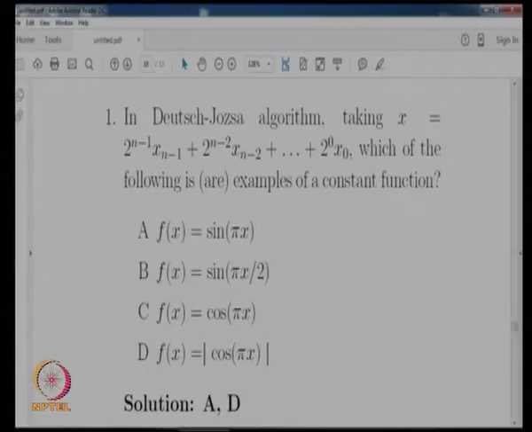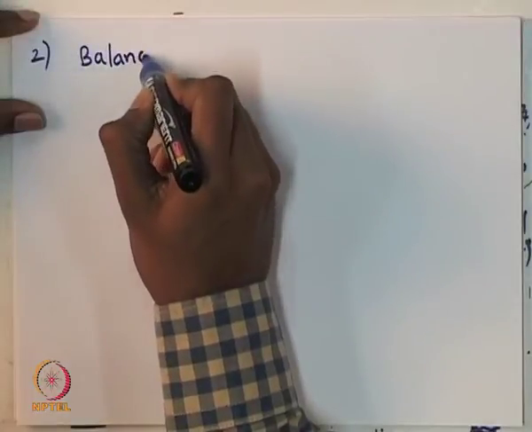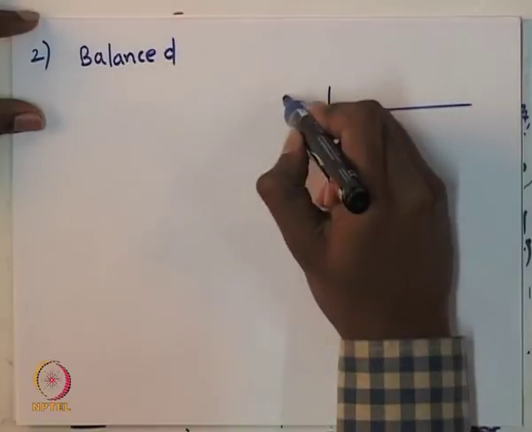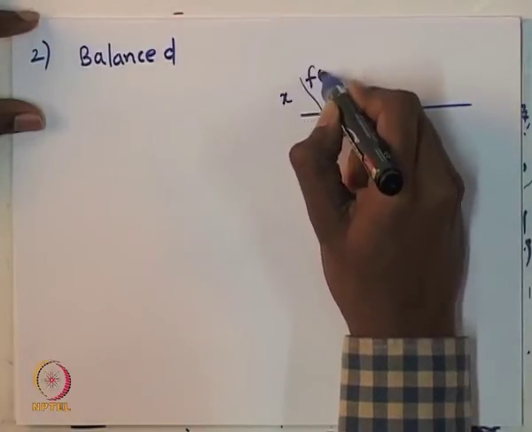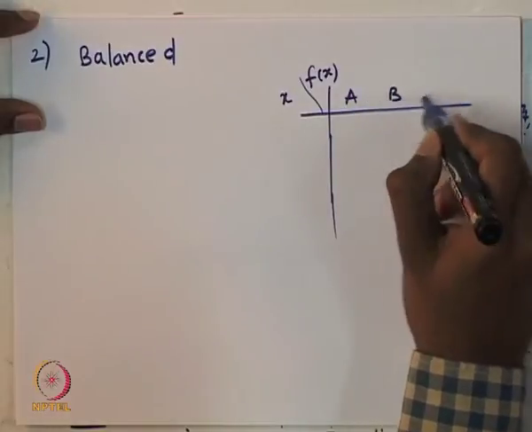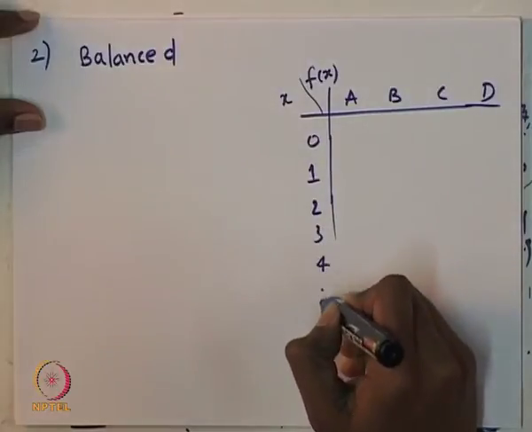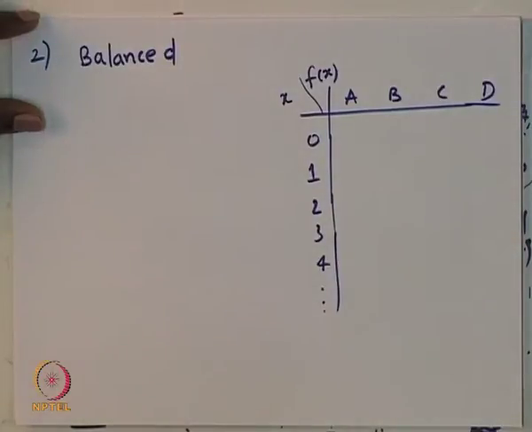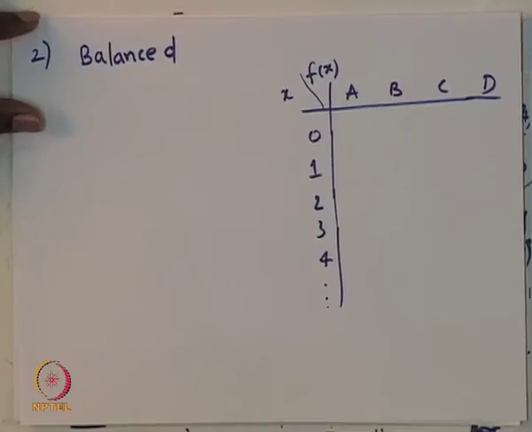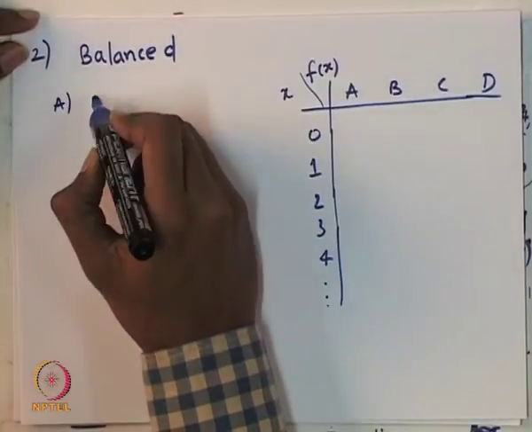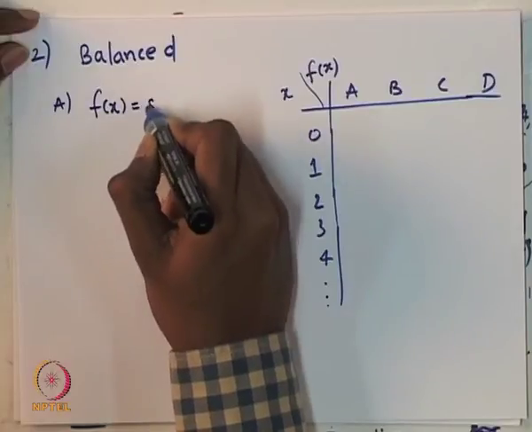Let us look at question 2, where we are asked to find which of the following is the balanced function. Let us construct a table similarly. Option A, B, C, D, and x as 0, 1, 2, 3, 4. Option A is sin pi x.